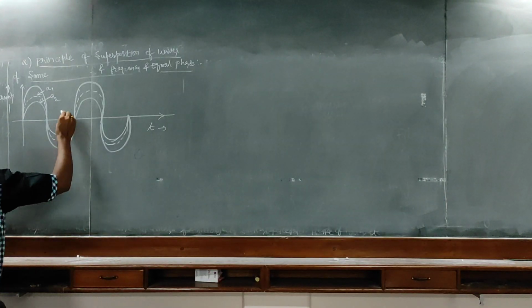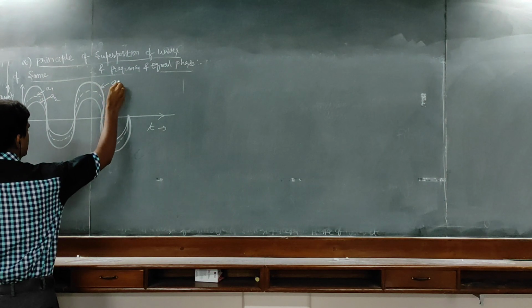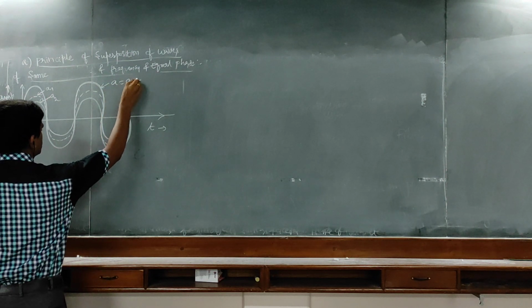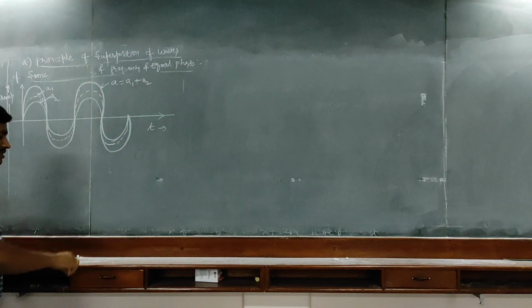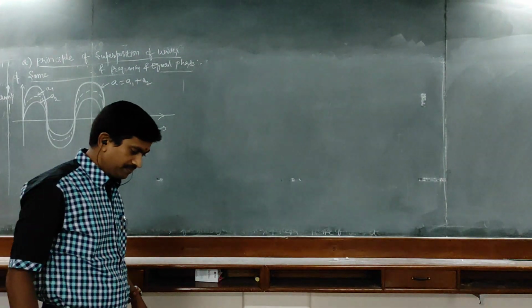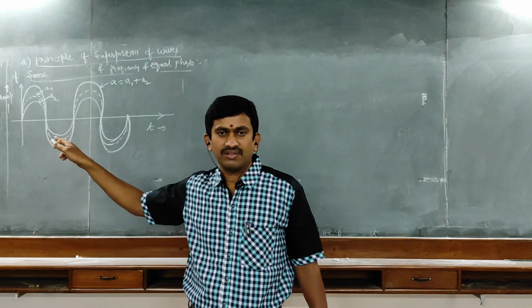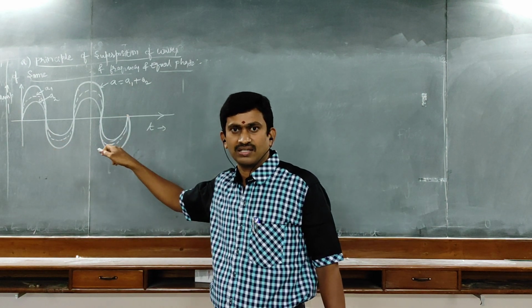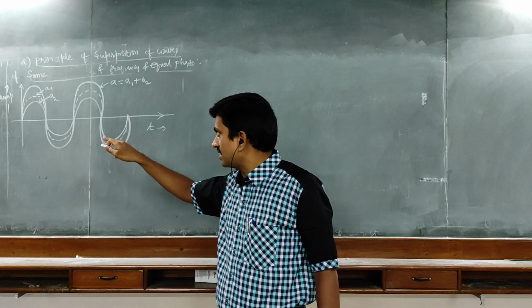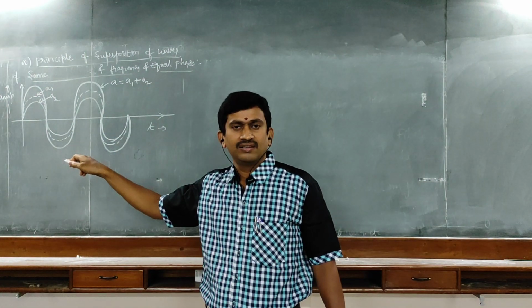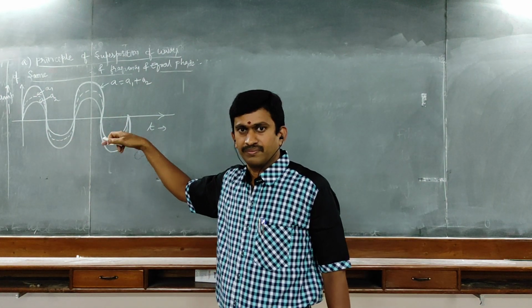Hence, the resultant amplitude A is equal to the algebraic sum of the individual amplitudes, that is A1 plus A2. In other words, the crest of one wave exactly falls on the crest of the other wave. As a result, we are having the maximum amplitude.